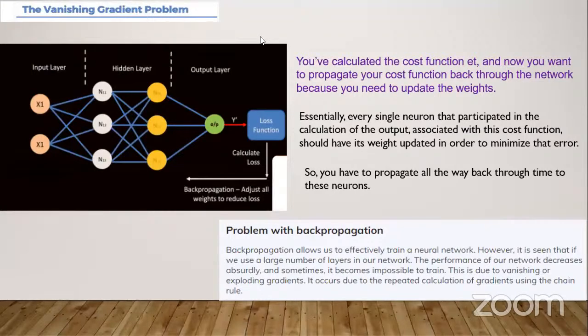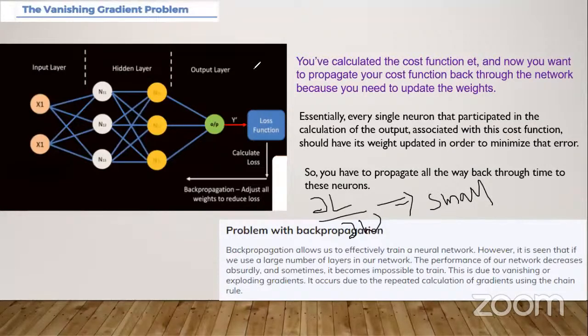When we do this multiple times, at times what happens is, when we multiply these things, when we take this derivative multiple times, the derivative of the loss function with respect to the weights becomes very small. It reduces to a very small number, right?